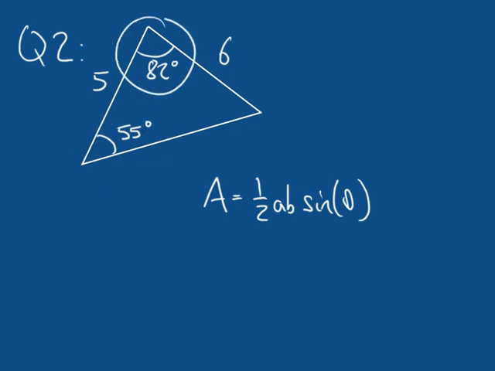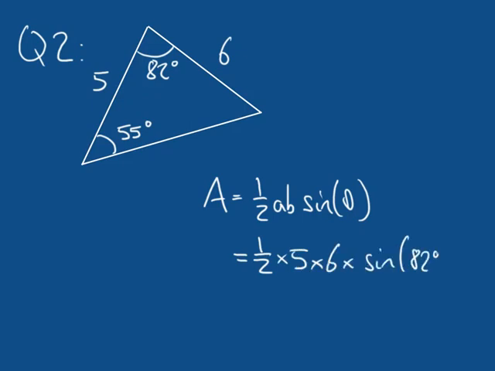However, we must take the 82 degrees to be our angle theta, and our edges of 5 and 6 units length to be A and B. It doesn't matter which order we take them in, but they need to be our edges A and B. So this means our area is equal to a half times 5 times 6 times the sine of 82 degrees.